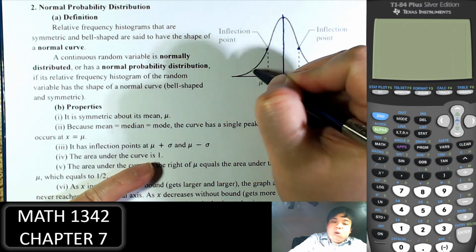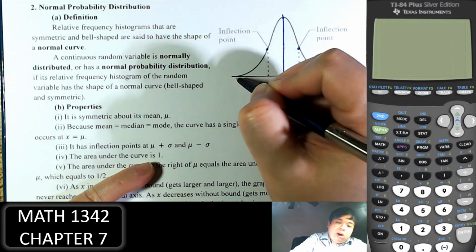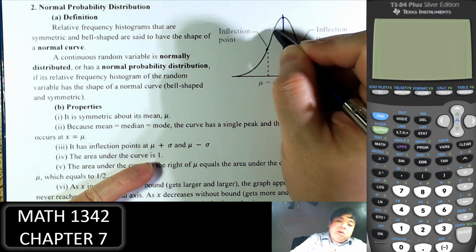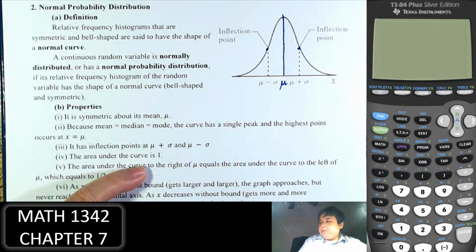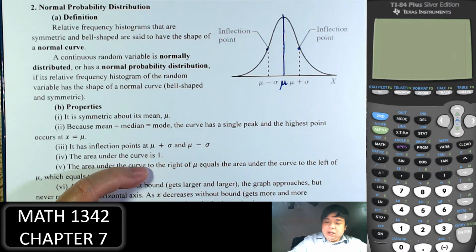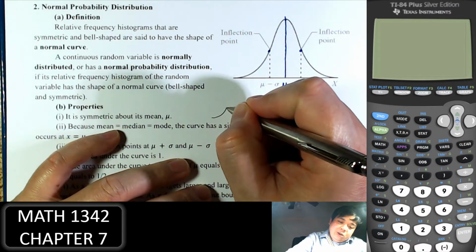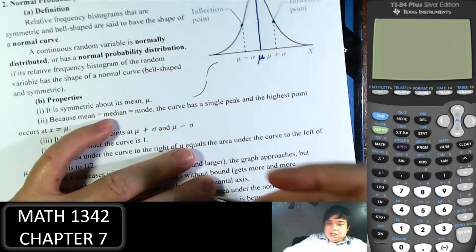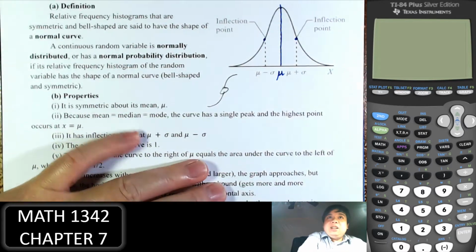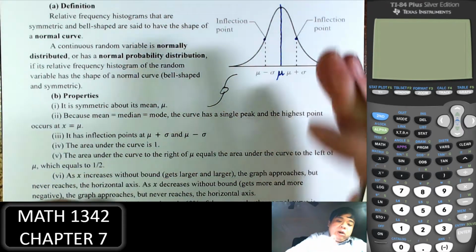The inflection point is where the curve is increasing on this side but opens up; this side is open down. So the inflection point is right there. So 1 standard deviation away we have the inflection point.